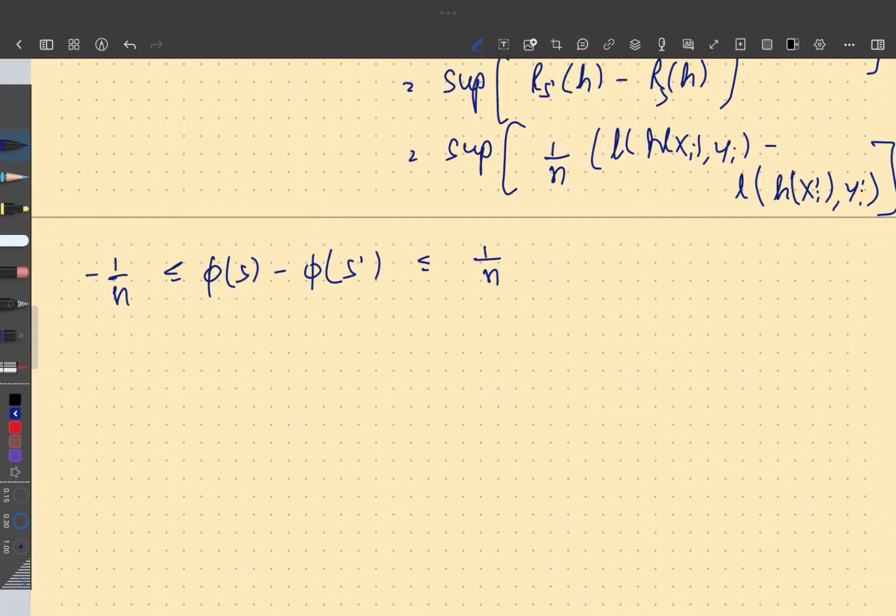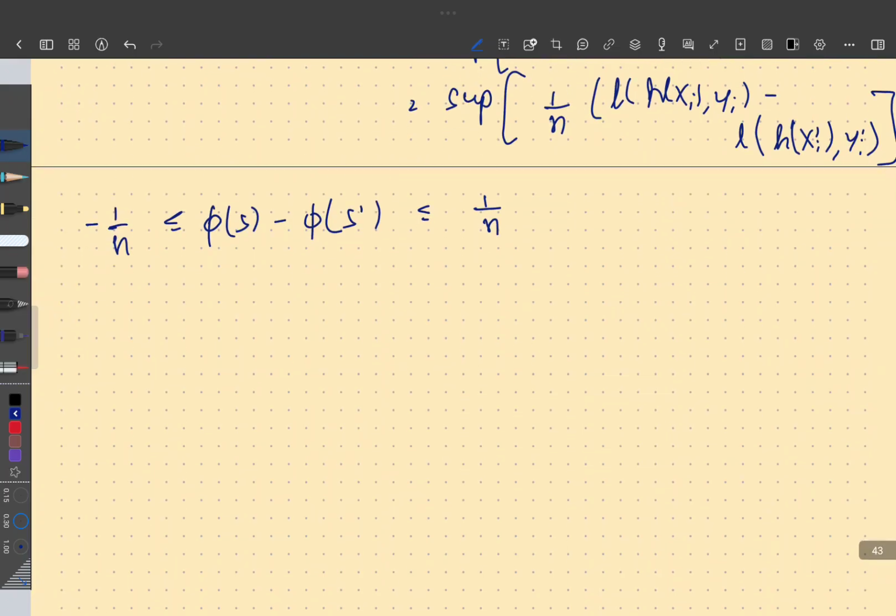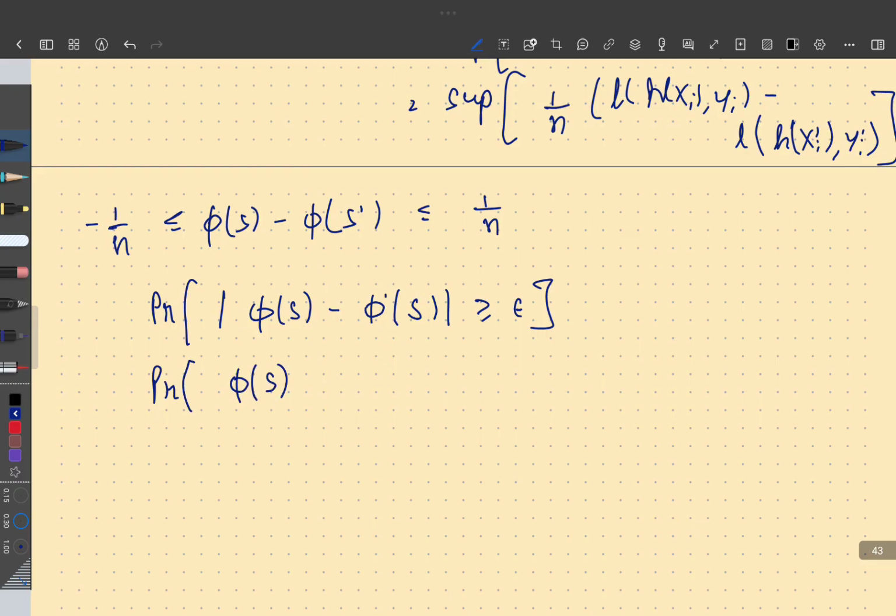I can in fact bound the deviation of phi of S from its expectation, but for me it's enough to bound the probability that phi of S minus expectation of phi of S is greater than or equal to epsilon, because I just want to show that R of H is less than or equal to Rs of H and so on.